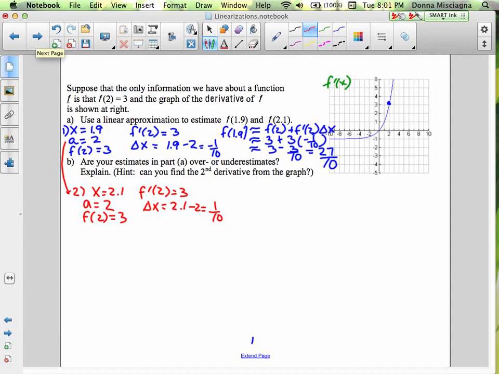So then f of 2.1 is approximately f of 2 plus f prime of 2 times the change in x. Same thing, because we're using the same value. So 3 plus 3 times 1/10, and that's going to be 3 plus 3/10. That's a plus. It still doesn't look like a plus.